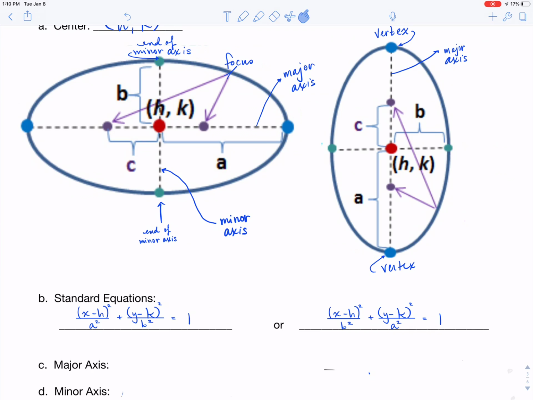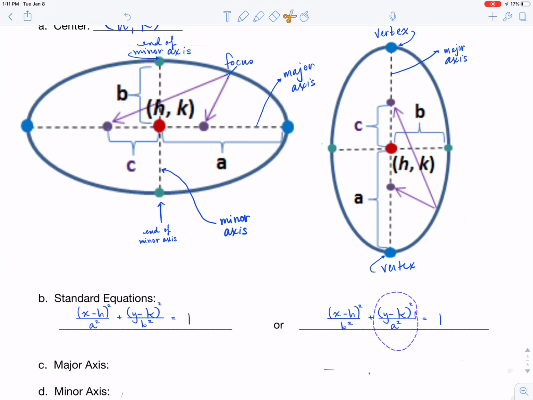In my second ellipse, that a, that longer value, is going to be underneath my y's, and you'll notice that my ellipse is running vertically along the y's. So whatever the larger denominator is, that's how you're going to determine which direction your ellipse is. If the larger denominator is under x's, it's going to be horizontal, and if your larger denominator is under the y's, it's going to be vertical.